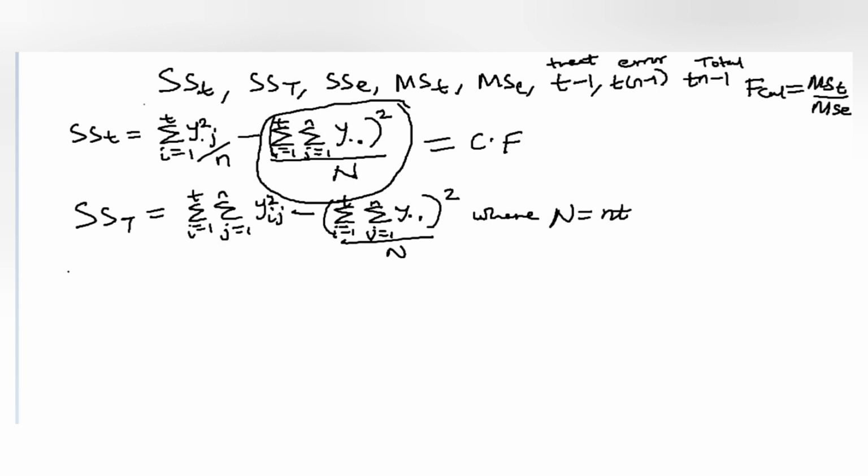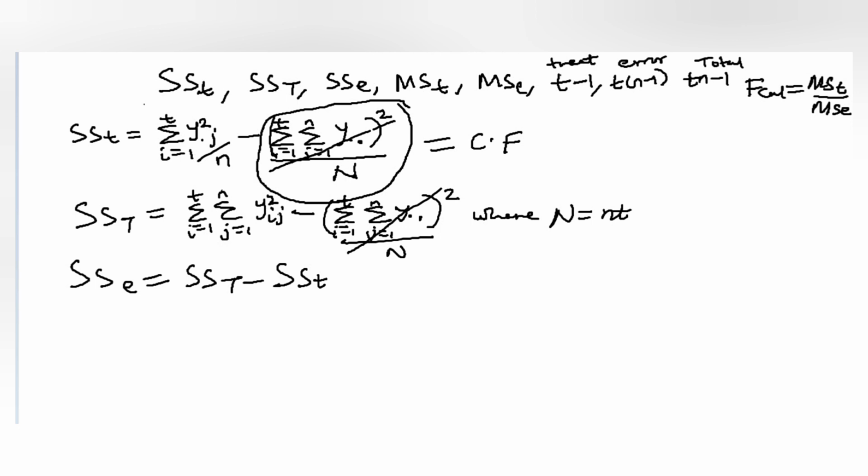Now SS error is going to be equal to SS total minus SS treatment. If we look at this, SS total minus SS treatment, you will discover that this one here will cancel with this one, so we'll be left with this and this.